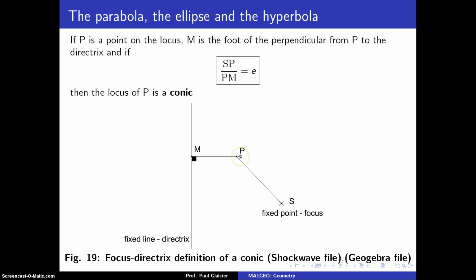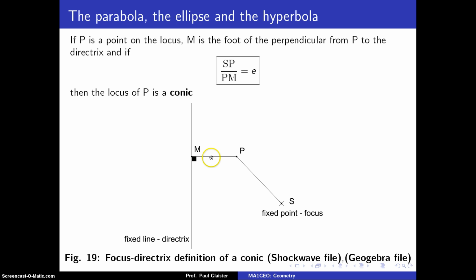But when we're talking about the distance from a point P on the locus to the directrix, we mean the shortest distance, or the perpendicular distance. In other words, the distance from the point P to the line, the directrix, which meets it at M, where PM makes a right angle with the directrix.